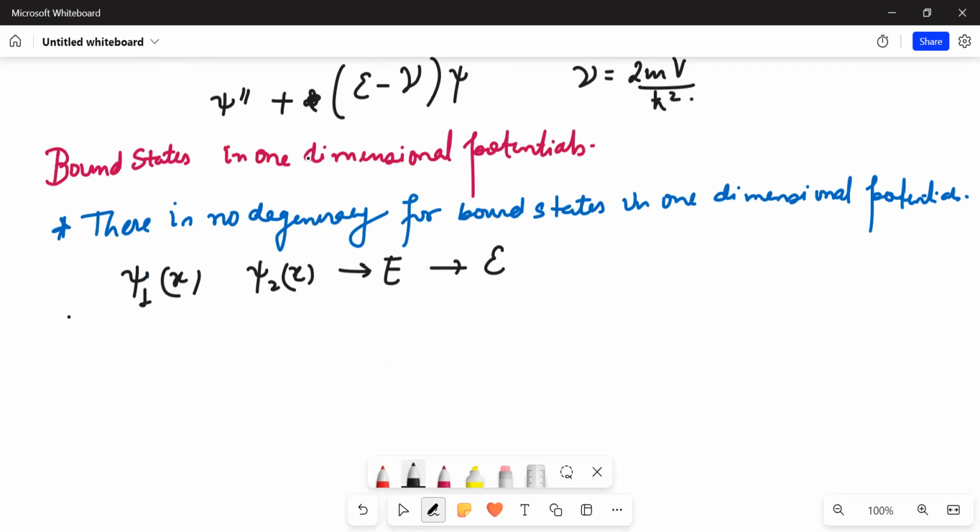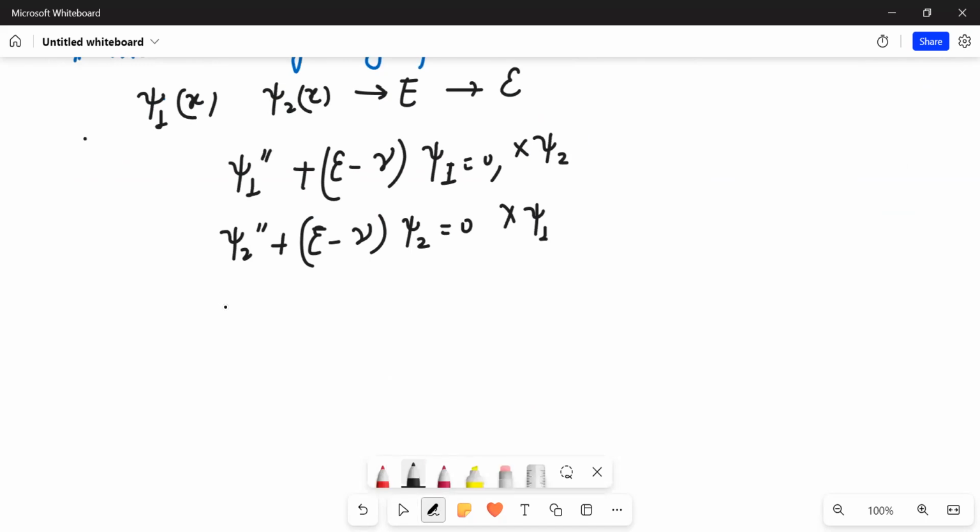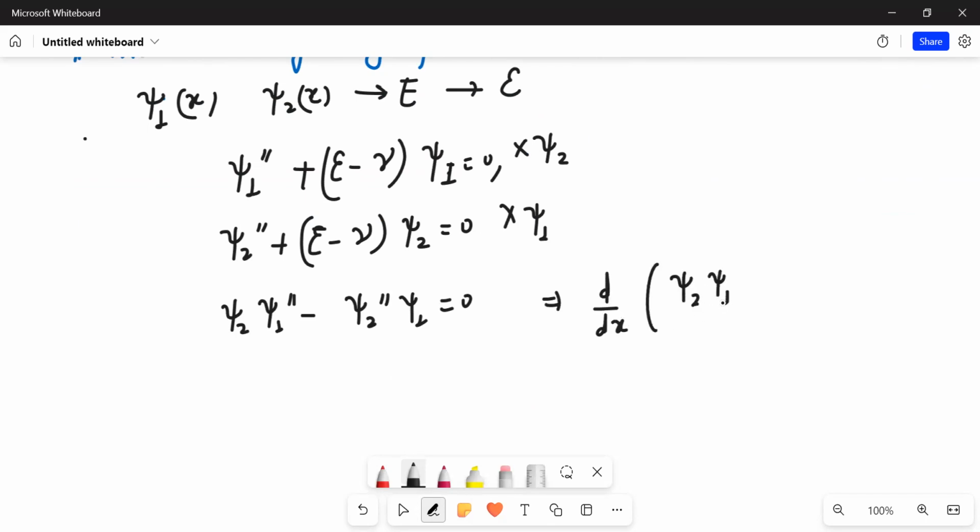So it implies that the Schrödinger equation gives psi1 double dash plus (epsilon minus V) psi1 equal to 0, and psi2 double dash plus (epsilon minus V) psi2 equal to 0. If I multiply these and subtract them, what will I get? I will get psi2 psi1 double dash minus psi1 psi2 double dash, which is the derivative d by dx of (psi2 psi1 dash minus psi1 psi2 dash), so this must be a constant.